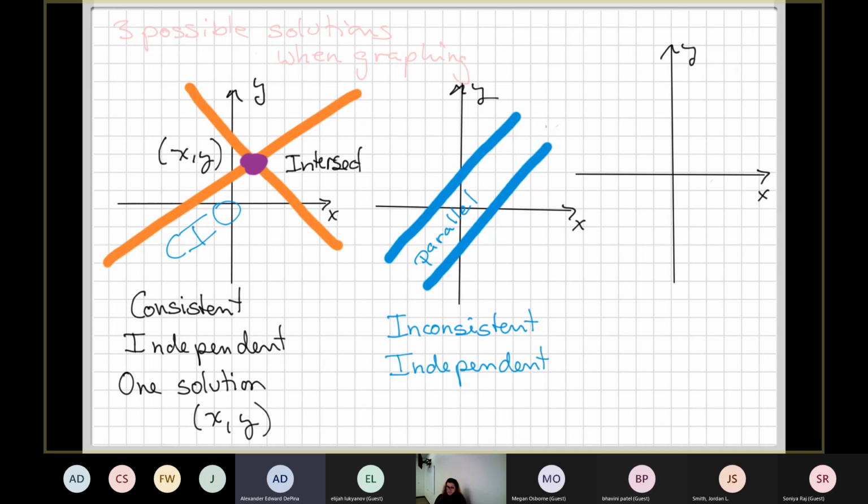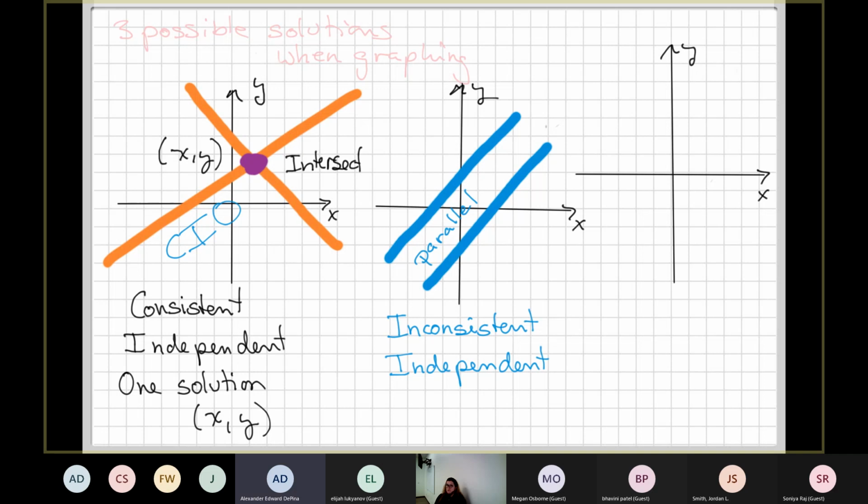And it is inconsistent because what do you think about the solution? How many solutions do we have here? What's going on when the lines are parallel? No, it's the same slope. That's what you're referring to because that's what we had in chapter 2.